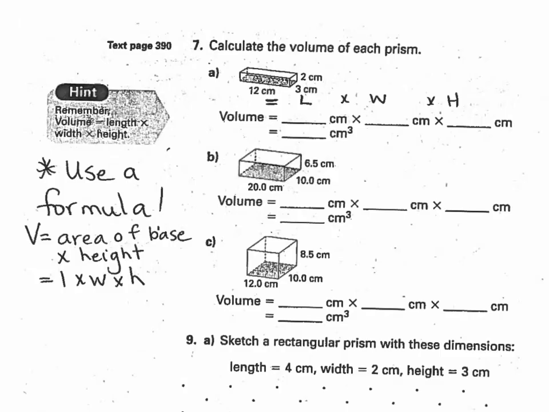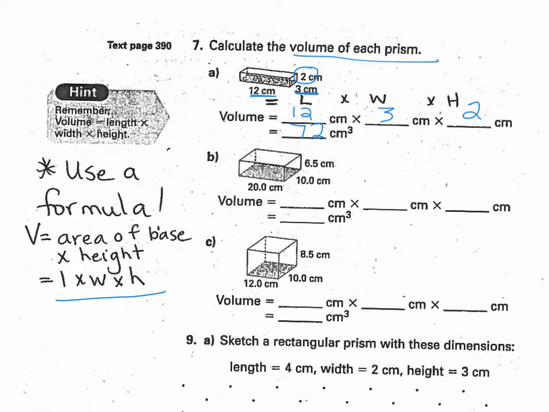We are going to use the formula length times width times height to calculate the volume of each of these prisms. Our length, 12, times our width, 3, times our height, 2. 12 times 3 times 2 is 72 centimeters cubed.